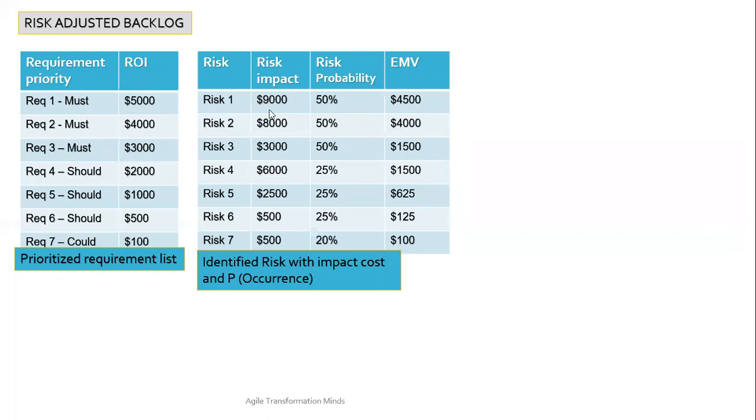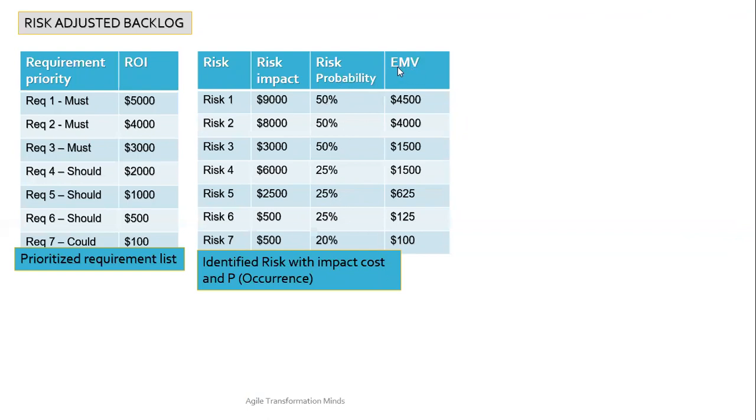So here the risk impact is 9,000. The impact of risk 2 is $8,000. And if risk 3 happens, then the impact is $3,000 to the project. And also the probability of this risk happening is 50%, which means that when you start your project, there is a 50% probability that you might have to face this risk.